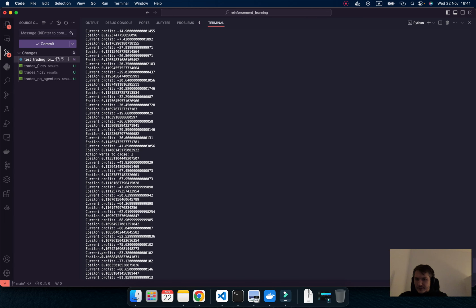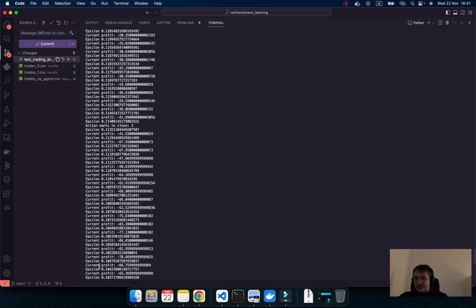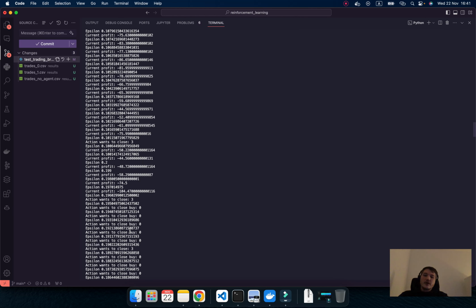You see, for example, this epsilon is decreased to 0.10, meaning 10% will be random actions, and then if you get to less than 10%, I reset this epsilon to 20%, because I'm trying to create an agent with more exploration, to explore my environment.